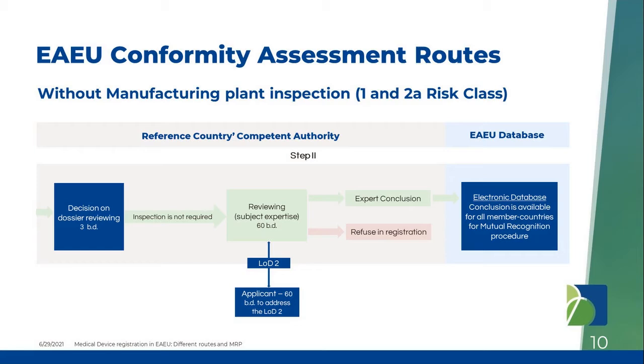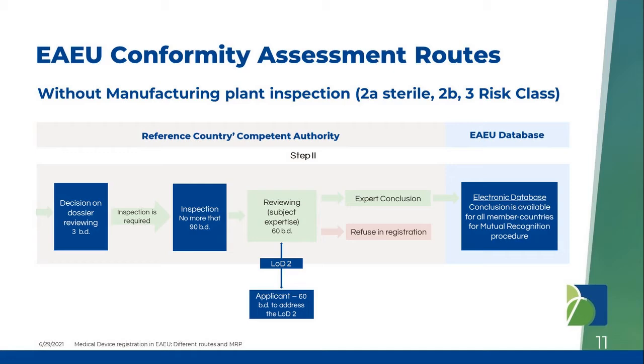If everything is correct, the authority should prepare the expert conclusion with a recommendation for registration of the medical device. This conclusion, here on the right part of our slide, should be placed in the common electronic database of competent authorities, and from this moment it will be available for review by concerned countries' authorities. It is the procedure of mutual recognition of the expert conclusion.